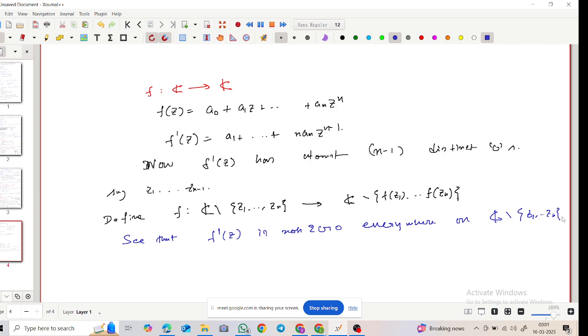True? Because we have actually eliminated all the zeros of f prime z.